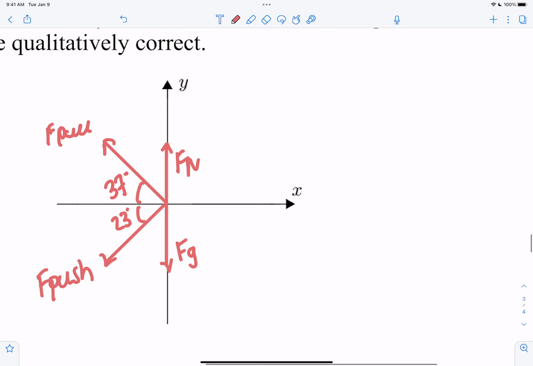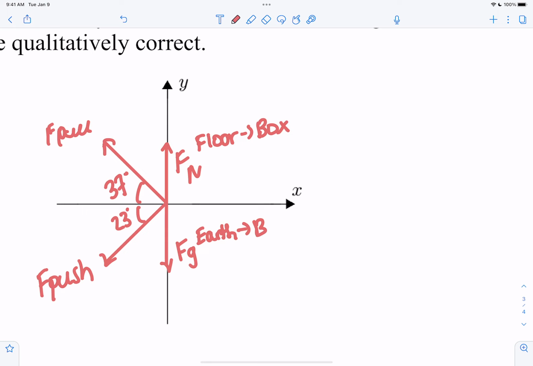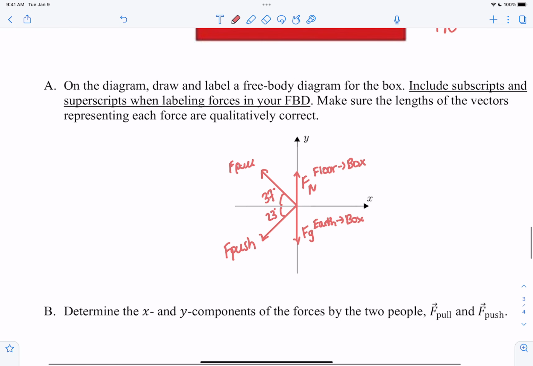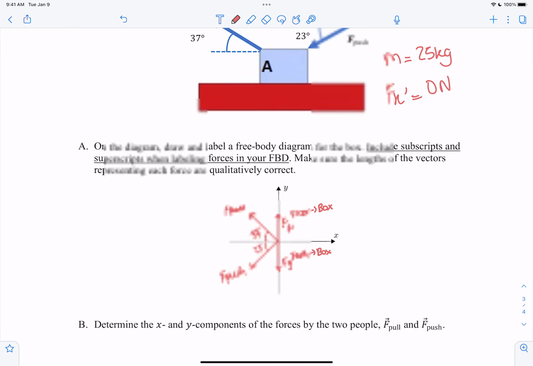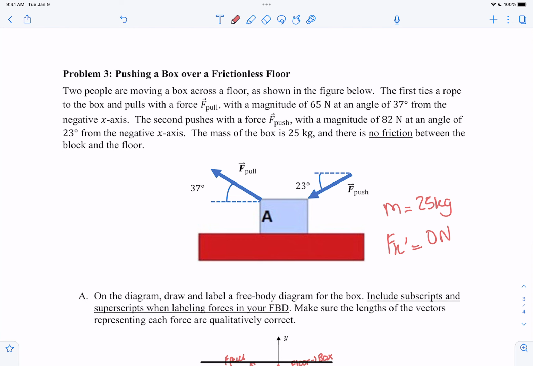But for normal force, right, it's a similar kind of deal with the luggage, right? It's the floor acting on the box. The gravity is acting, or the earth is acting on the box, right? Because the force of gravity is due to the earth, gravitational force. The push, well, that's just a push, right?